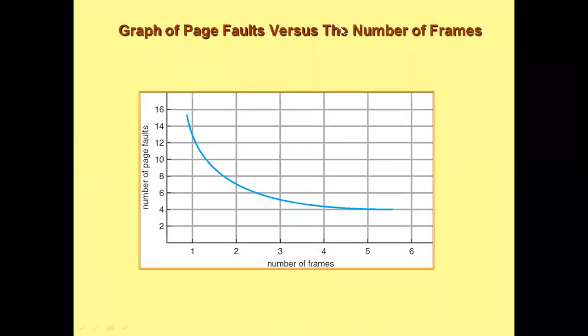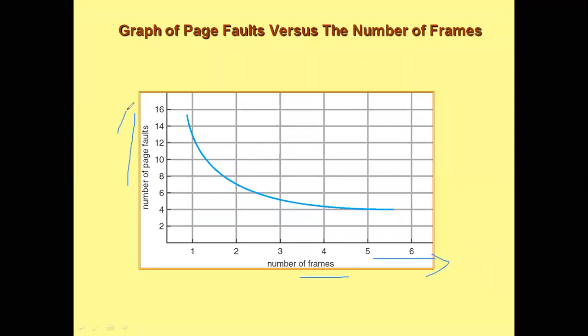Before that, I would like to say one thing. Look at this graph here. On the x-axis, we have the number of frames, and on the y-axis, the number of page faults. As I told you, if you implement the concept of virtual memory, we bring only the required pages into the main memory. By bringing only the required pages, we can increase the degree of multi-programming. That is, many processes can reside in the main memory.